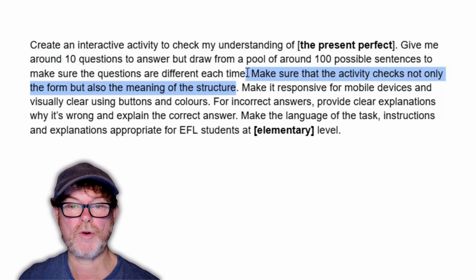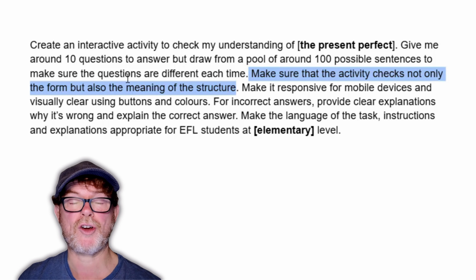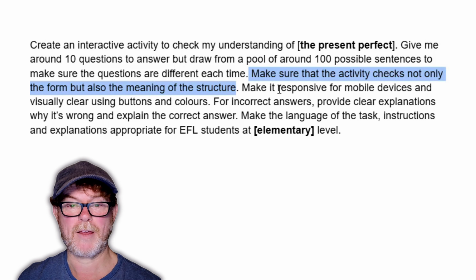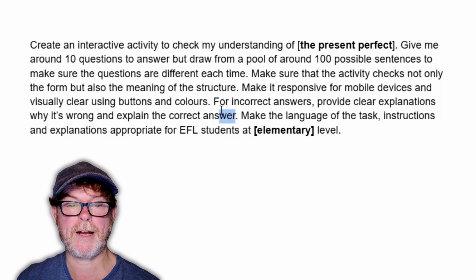It says make sure the activity checks not only the form but also the meaning of the structure. And it says make it responsive for mobile devices and visually clear using buttons and colors. For incorrect answers, provide clear explanations why it's wrong and explain the correct answer.